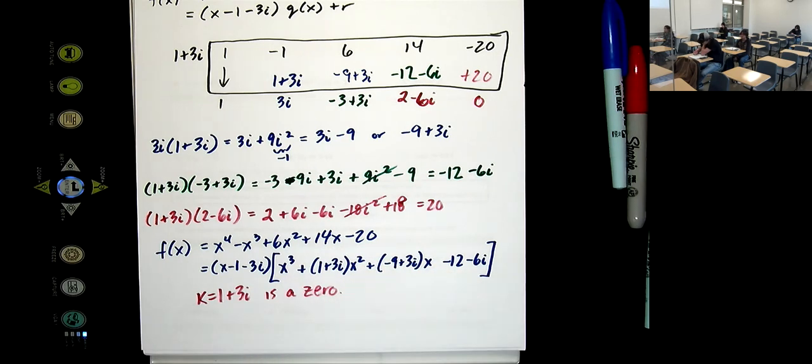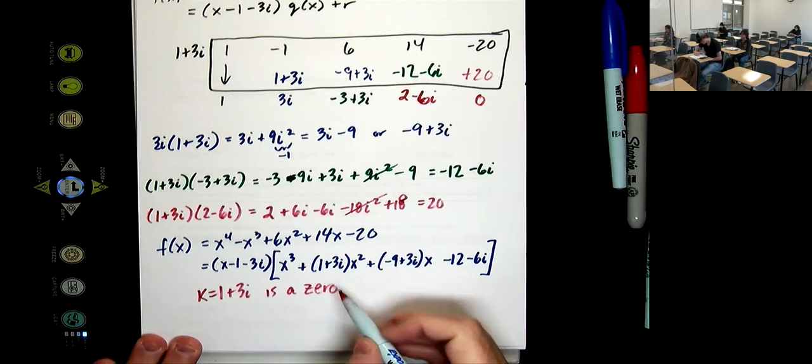And the only good thing about complex numbers that are zeros, I don't really want to call them roots, because we tend to call roots anything we graph on the number line. It kind of is. The good thing about it is they come in pairs. We just showed this one as a 0.